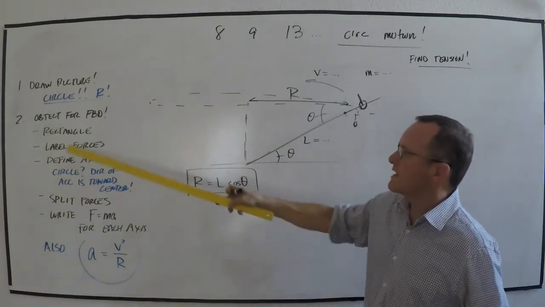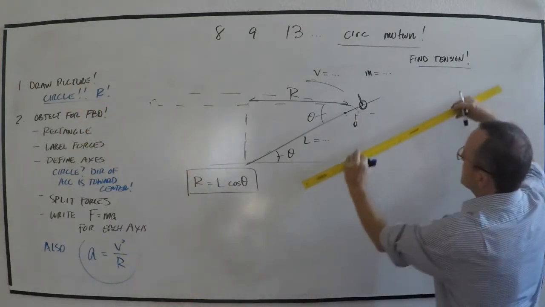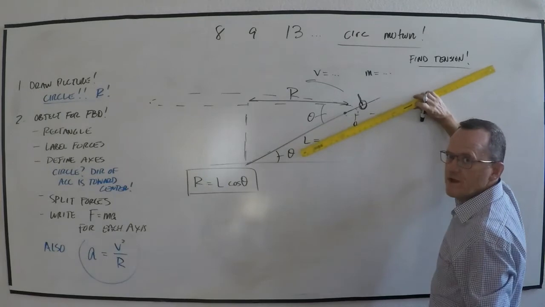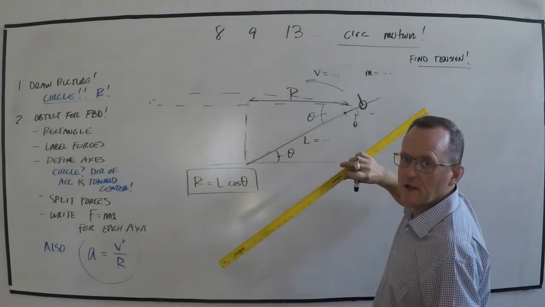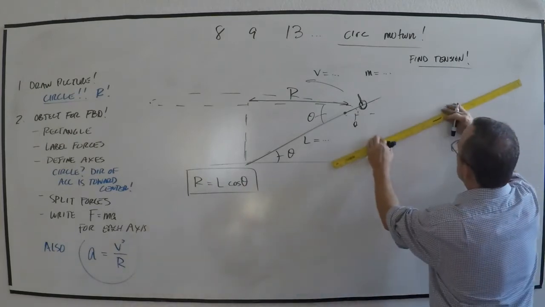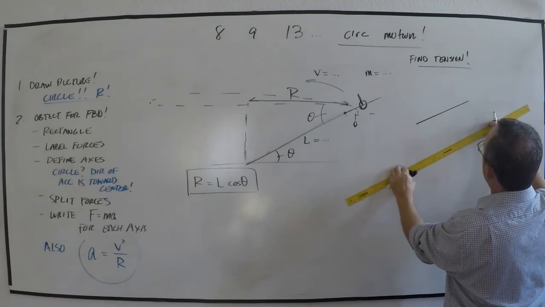So what do we do with this? Always, when you draw your rectangle, it's always oriented the same way as the object is in the picture. In this case, the plane is tilted. Usually we have a tilted free body diagram because the object's on an incline. But in this case, it's tilted simply because the plane itself is tilted. And that's fine.